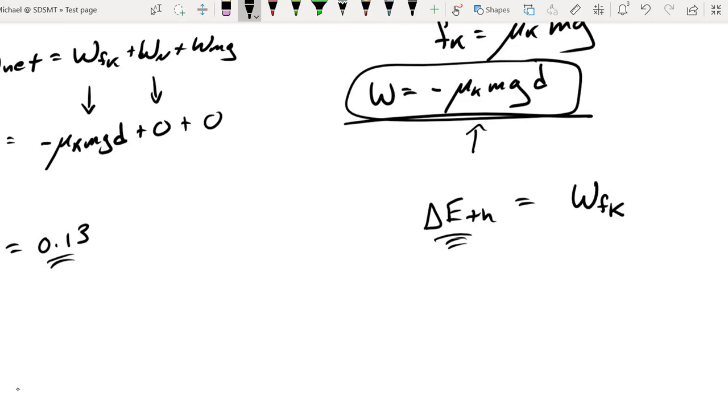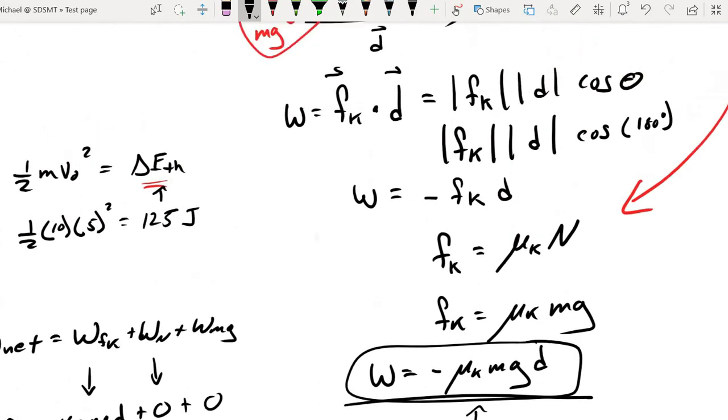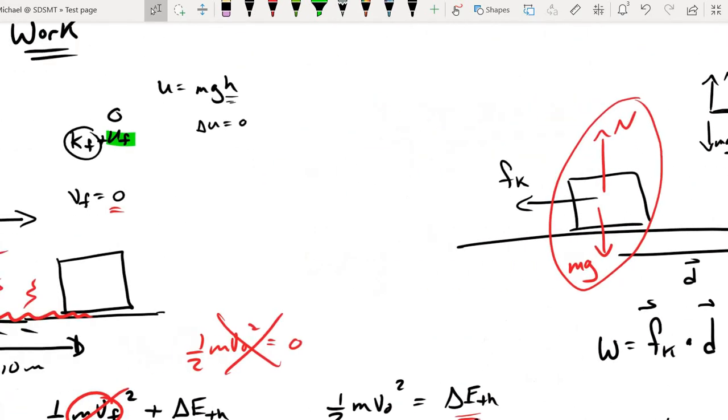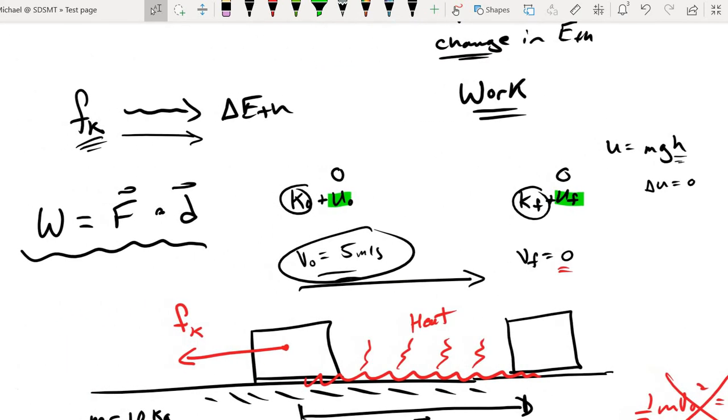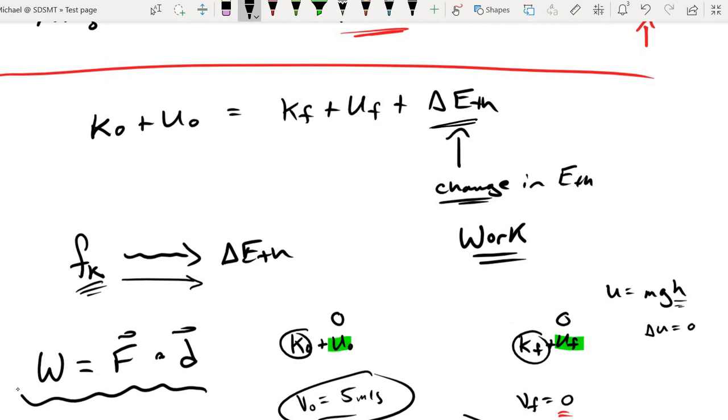The thermal energy that is produced, if we go back up to our expression, is going to be positive. Remember, friction is going to take some of that initial mechanical energy and convert it into thermal energy.